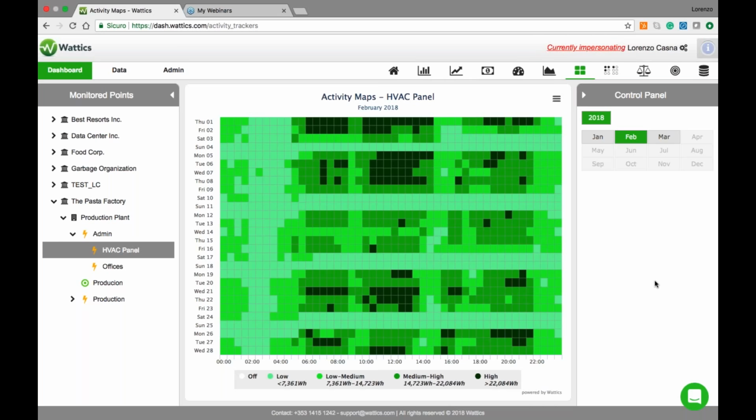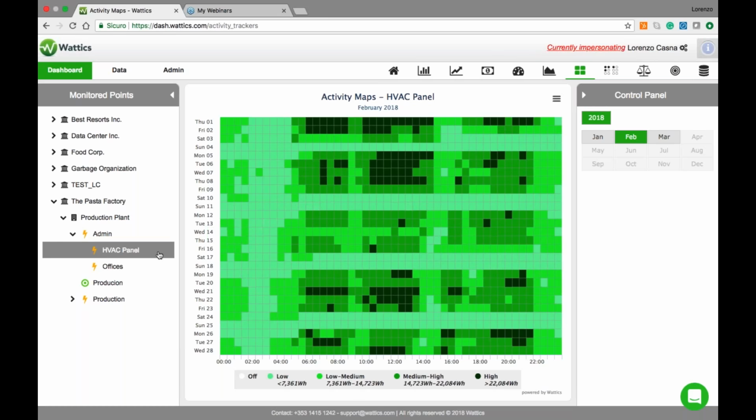So let's start by having a look at how this data looks, and then we can see where we can find some valuable information.